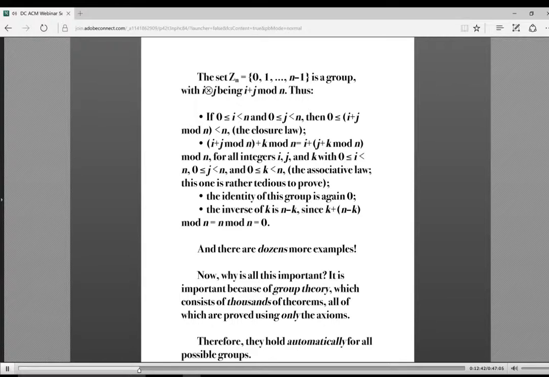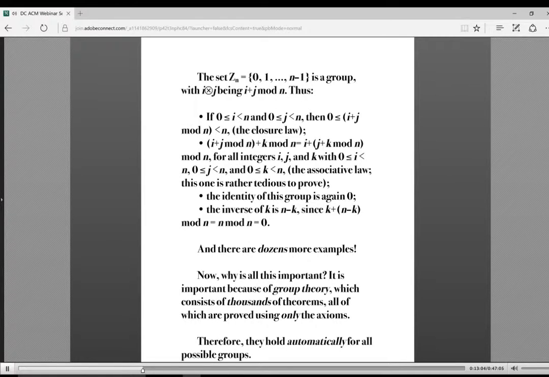It's the closure law. Number 2, i plus j mod n plus k mod n is equal to i plus the quantity j plus k mod n for all integers i, j, and k in the given range between 0 and n minus 1. That's the associative law.